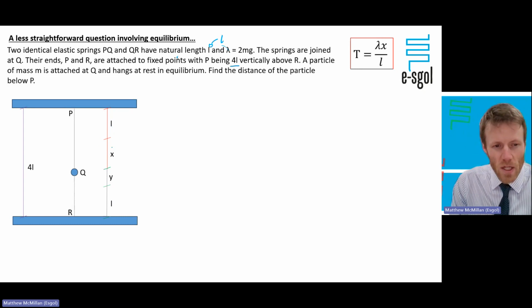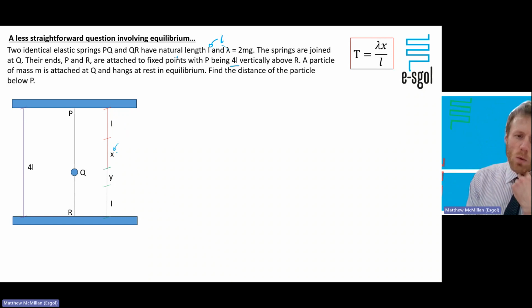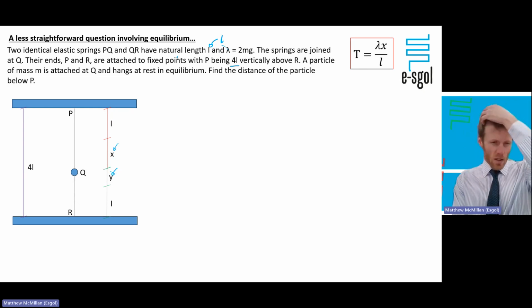I'm imagining that X is going to be longer because the particle Q has an element of weight that's pulling it down. So I think the stretch will be a little bit longer there. And I'm imagining that Y, which is the stretch coming from the other end, is going to be a little bit less. There is a potential, I guess, that Y might be negative because these things are springs.